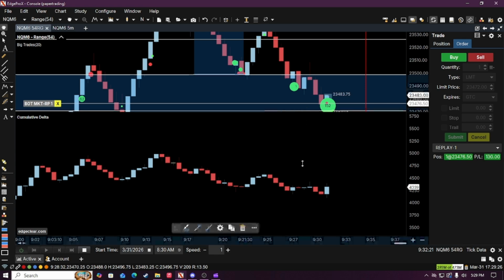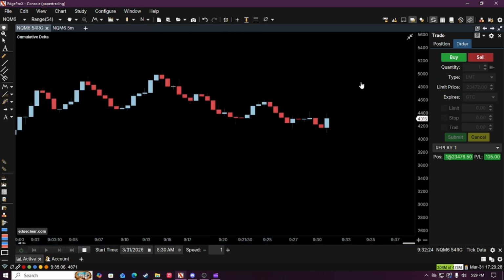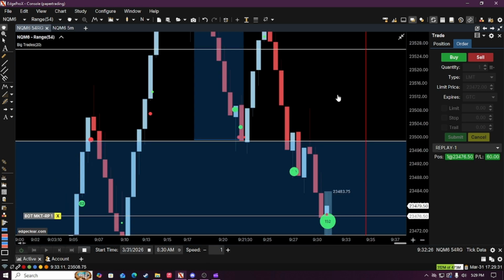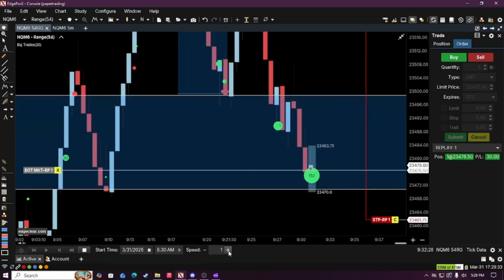Look at that, how is it moving? And eventually, I decided to exit break even because I was not very comfortable with the move. I think it was at this point, 152.